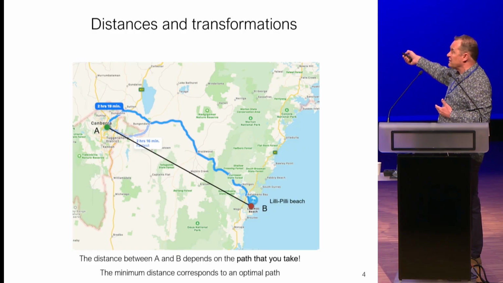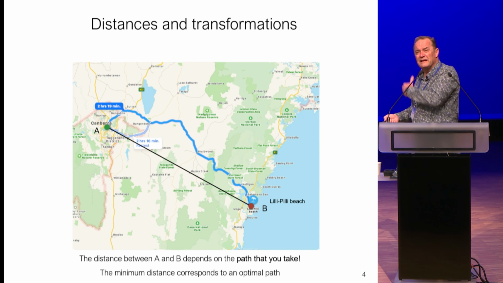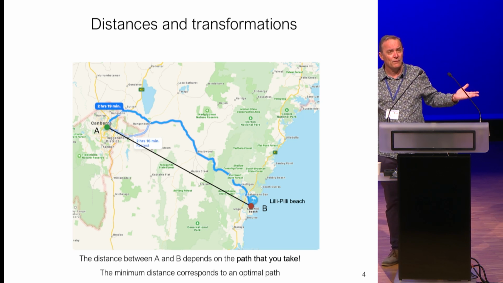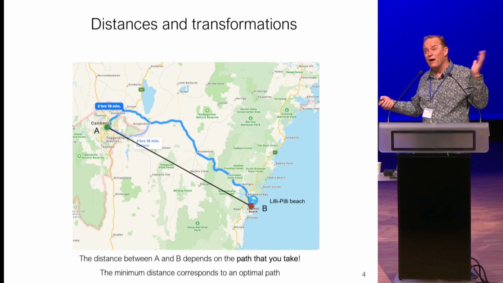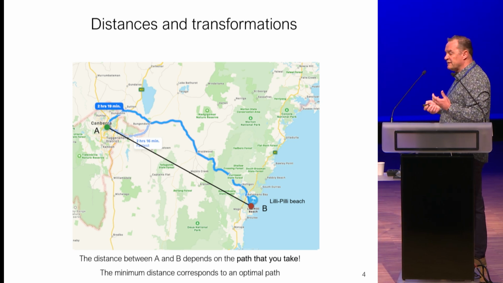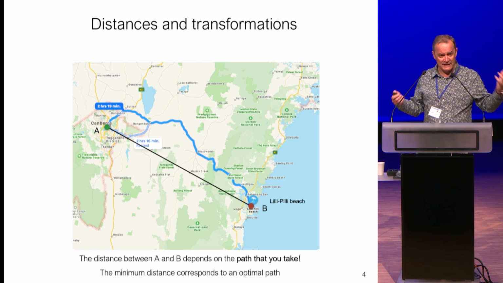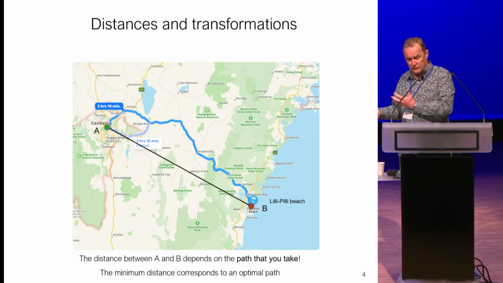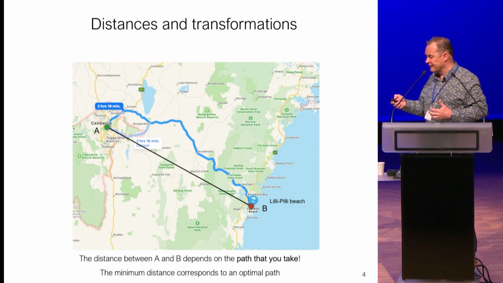So the path and the distance we take between A and B depends upon the path, and an optimal path here is the straight line between A and B. So actually, when we think of the distance, Euclidean distance, it is the result of an optimization. It's the optimal path of all paths that give us a minimum distance. So this notion of a path between two endpoints and the distance between them are uniquely linked.